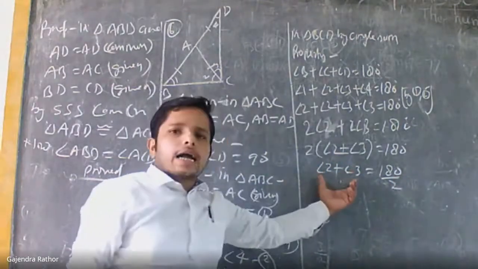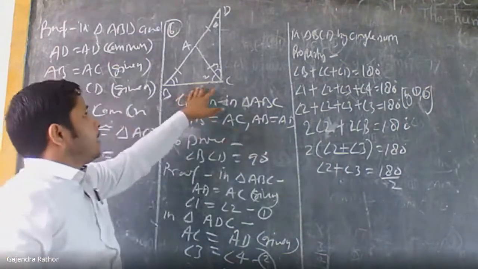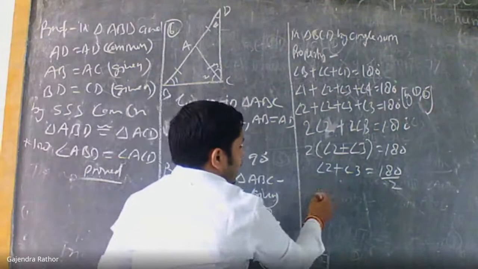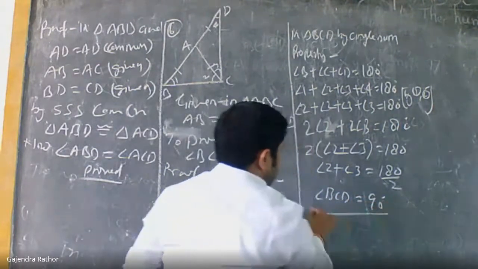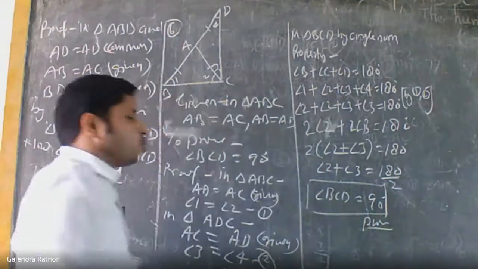What is the combined name of angle 2 and 3? That is angle C or BCD. So we can write angle BCD is equal to 90 degrees. So this is proved.